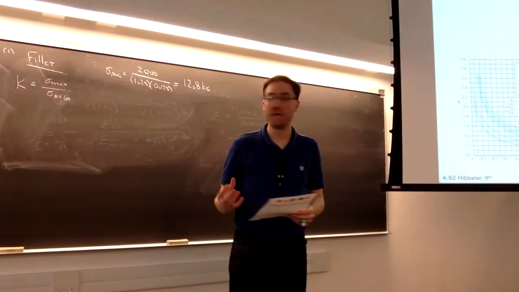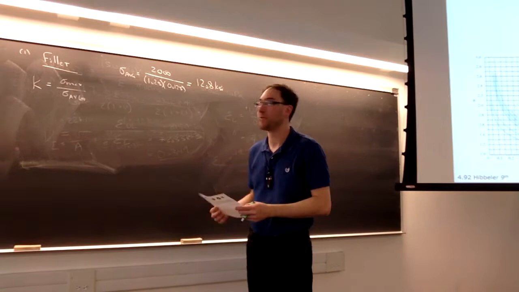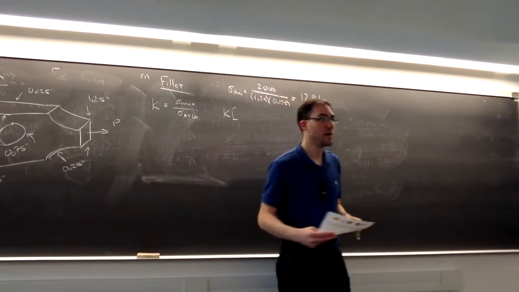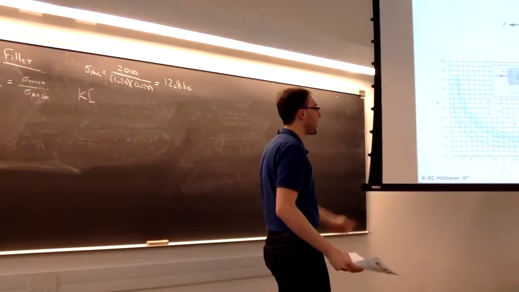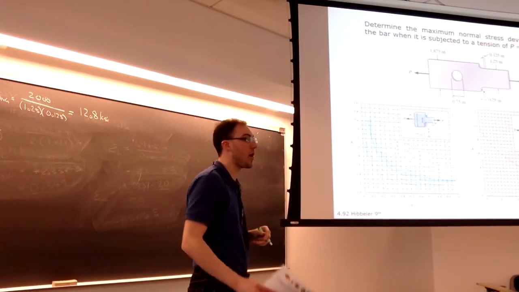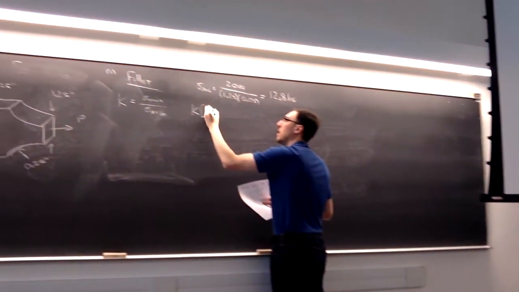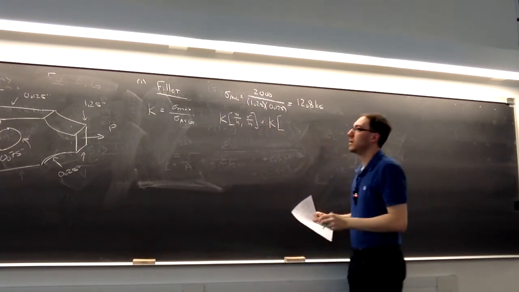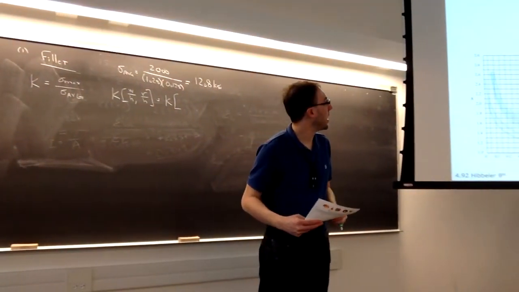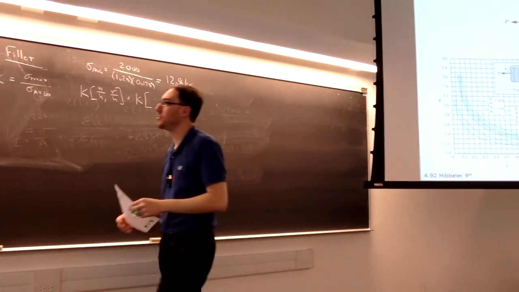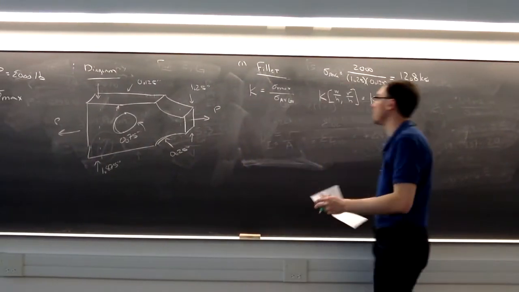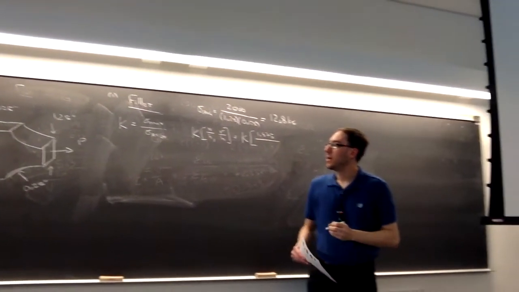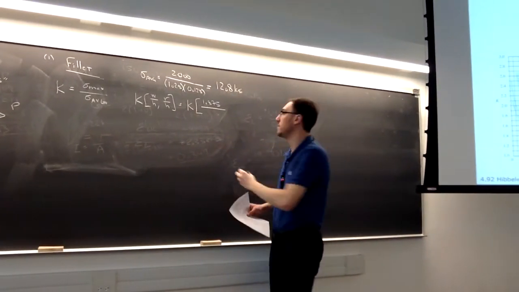Now we want to find what the maximum is. Near the bottom of that fillet, we have to find the K value. For the fillet, we require two parameters to find the K value. We need the W over H, and we need the R over H. W is the wider part of the object, that's 1.875, and the H value, again, is 1.25.